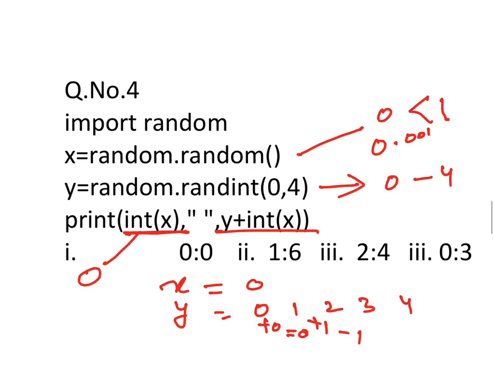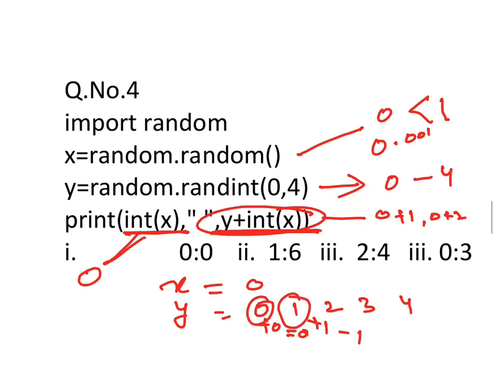Similarly, this will always be 0, and this particular part will give you 0 plus 1, 0 plus 2, 0 plus 3, 0 plus 4. So 0 plus 1 is 1, 0 plus 2 is 2, 0 plus 3 is 3. So what maximum value can this statement give you? Either 0, 1, 2, 3 or 4. Not more than that.